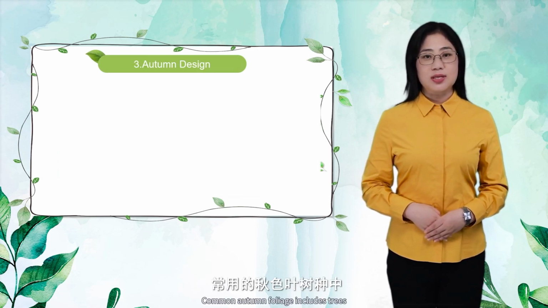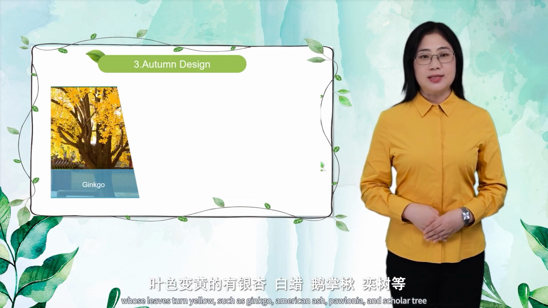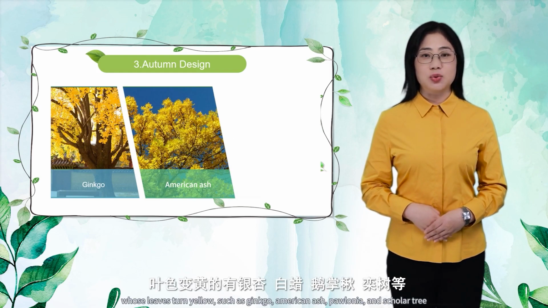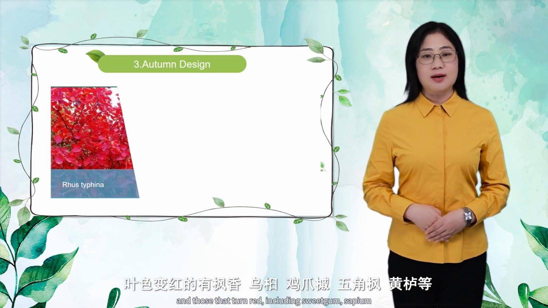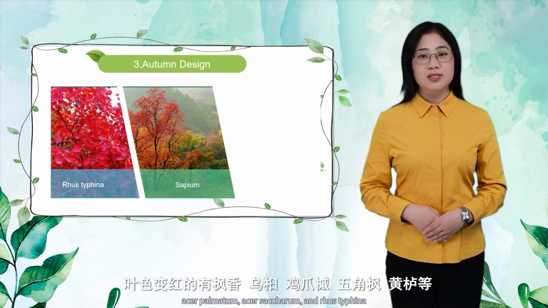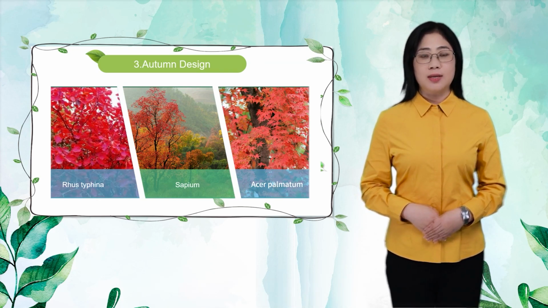Common autumn foliage includes trees whose leaves turn yellow, such as ginkgo, American ash, paulownia, and scholar tree, and those that turn red, including sweet gum, Acer palmatum, Acer saccharum, and Rhus typhina.